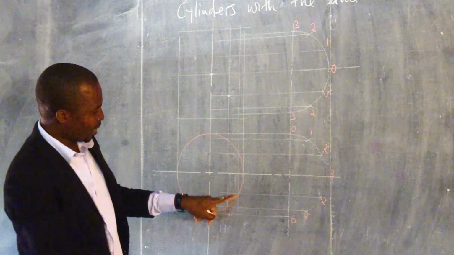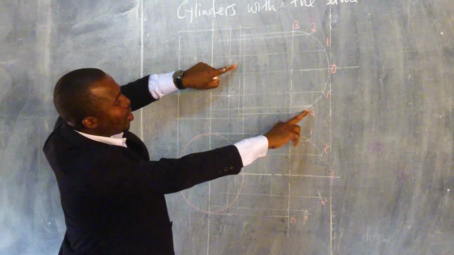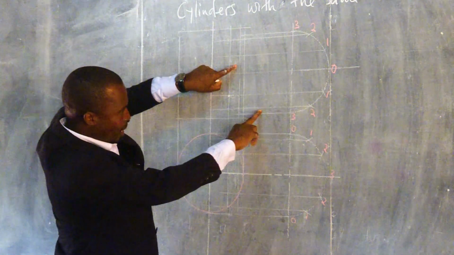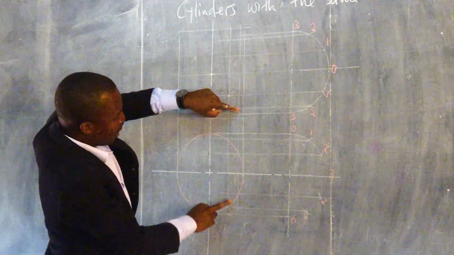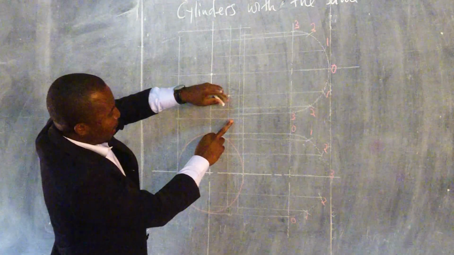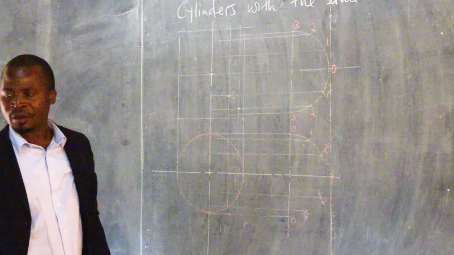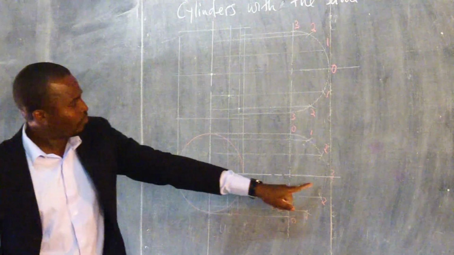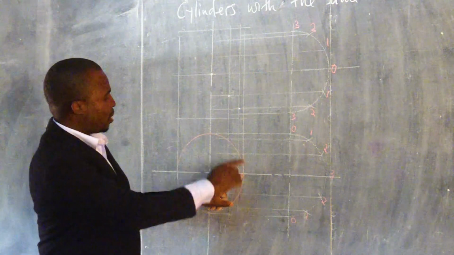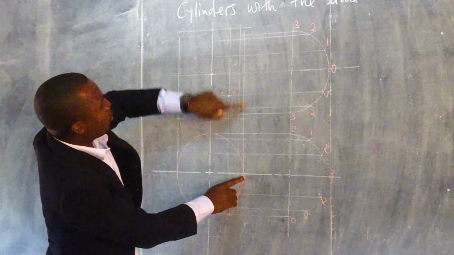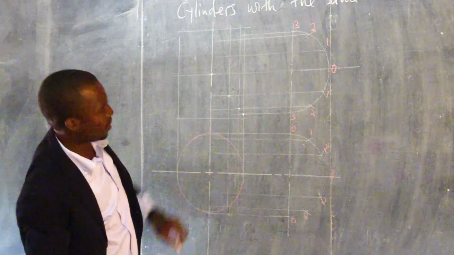Where it touches the circle, it has been projected. Then there is also line 2 here. Where this line 2 and this 2 which is coming from the plan meet, it is there. Out together. Yes. Then you have line 3. This line 3 is at the end of the plan, and then goes up there, meeting line 3.